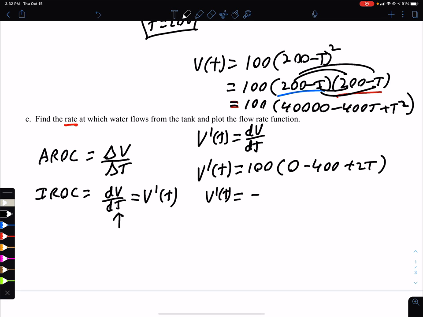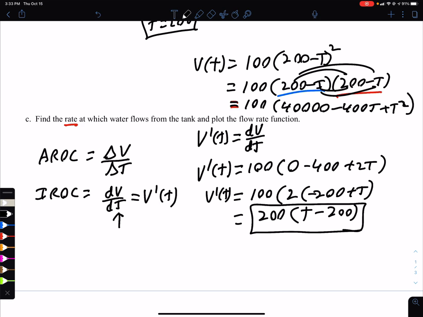If you want to distribute, you can. Actually, I'd rather factor things out. I like factoring. Let's take a 2 out. We'll be left with 2 times (t minus 200). So that's the rate at which water flows from the tank.